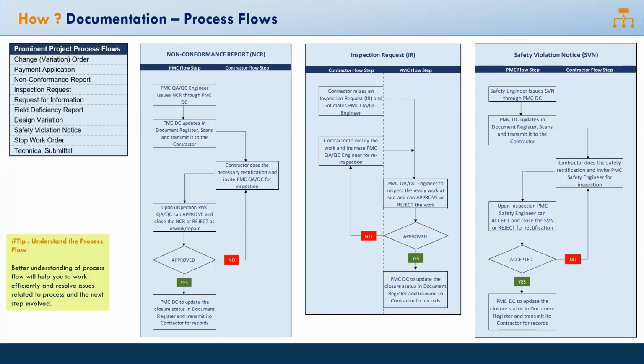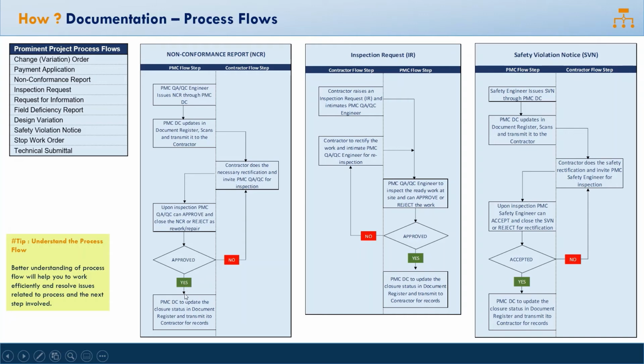It can go back as a rejection where rework and repair work has to be undertaken. If the QAQC engineer is not satisfied with the rectification work of the contractor, he can reject it or he can approve it, okay. If rejection happens, the NCR moves back to the contractor to undertake the rectification work, and again they have to reschedule the inspection after the rectification, and again the QAQC is going to re-inspect that work and then finally approve based on his satisfaction.